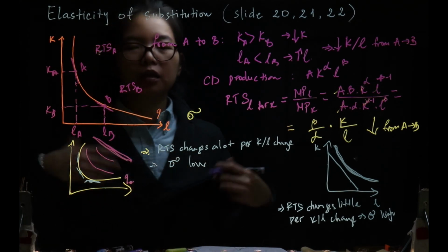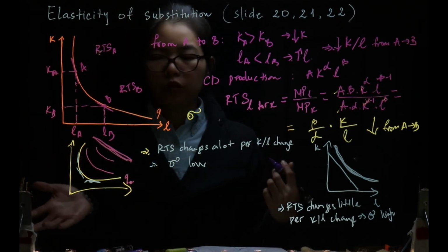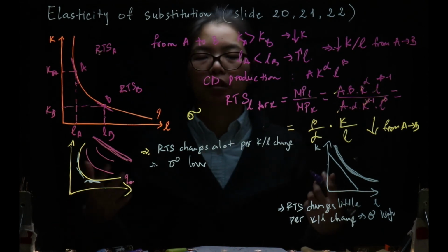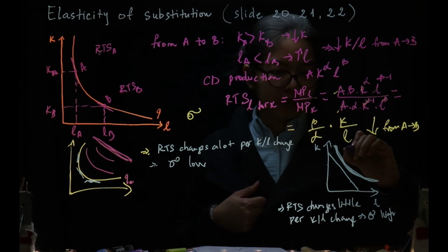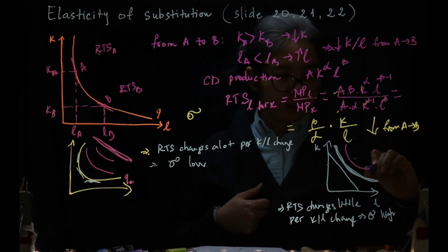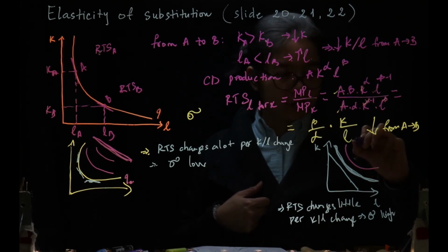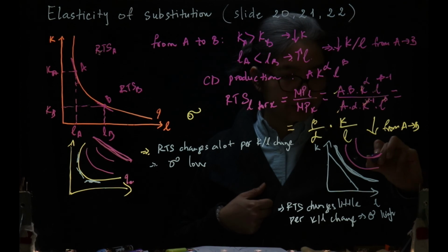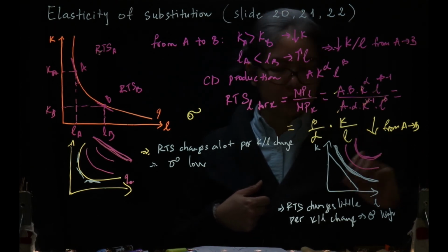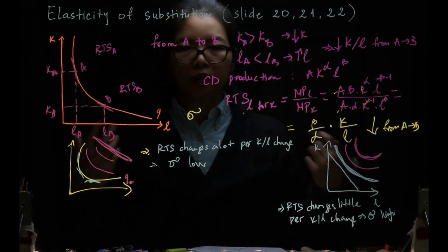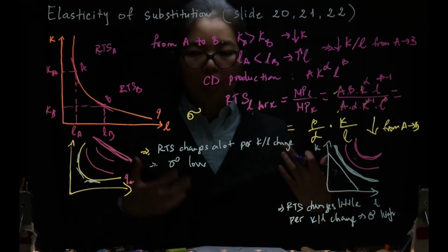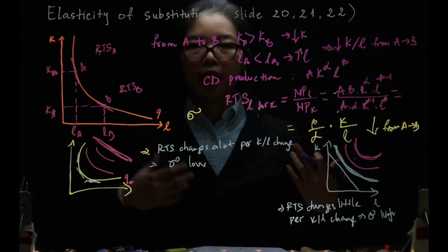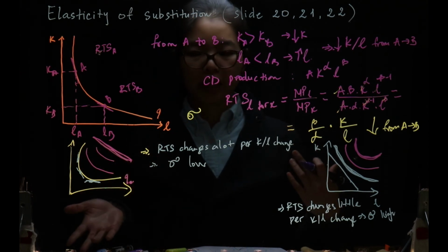So that implies that when you scale up, it's easier for you to substitute between capital and labor. However, the other way around can also be true. The more you scale up, the harder it is to substitute the inputs for one another. So the sigma, the elasticity of substitution, can change with production scale.